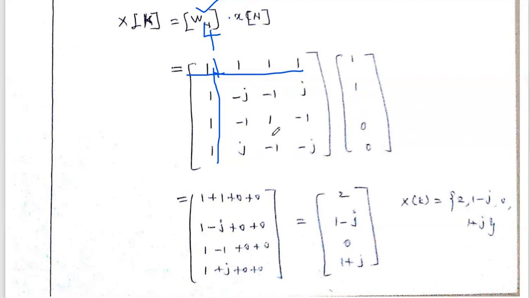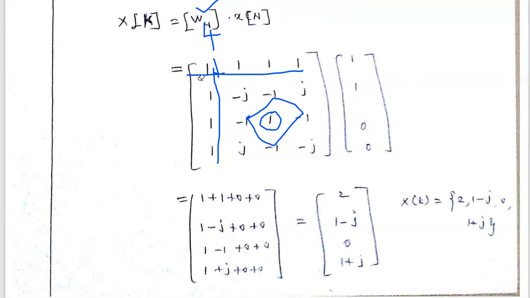In the 3 by 3 matrix, the center value is again 1. Then the remaining center components, these 4 center values, are minus 1. And these two diagonals are minus j, and these two diagonals are plus j. In this manner, you just remember the twiddle factor matrix.